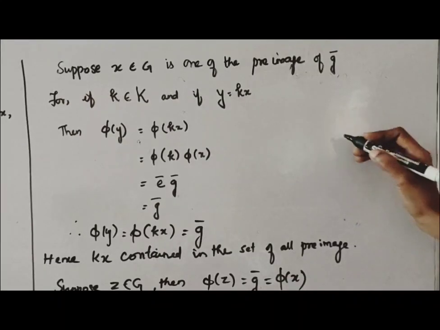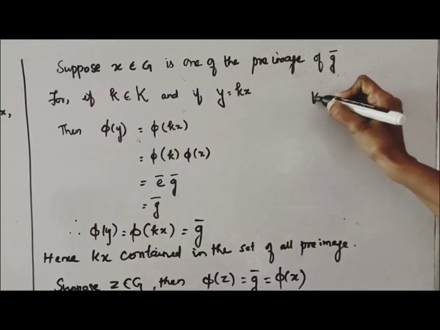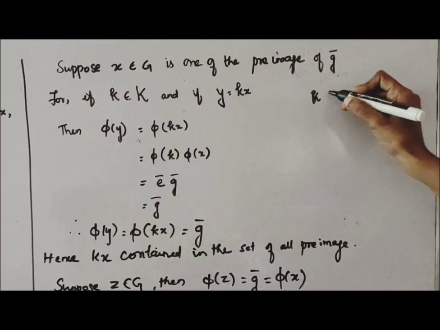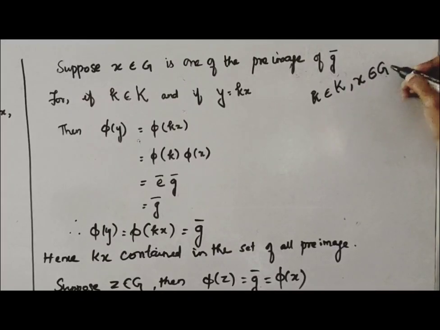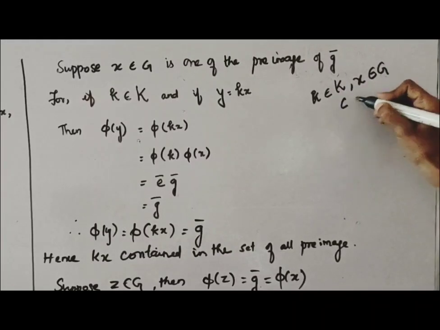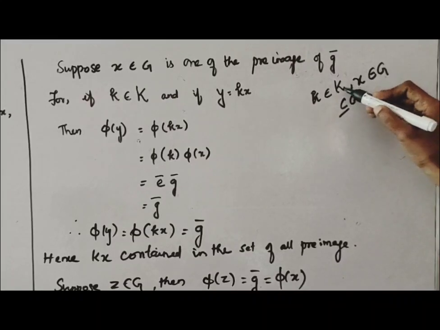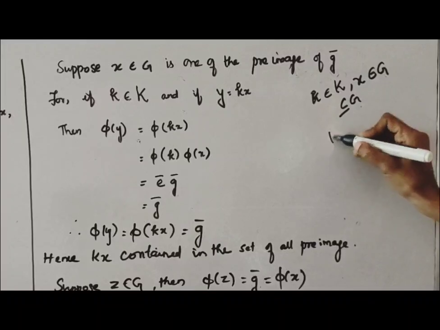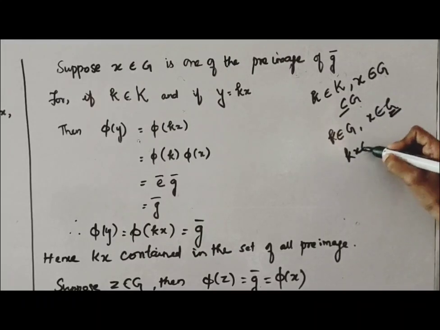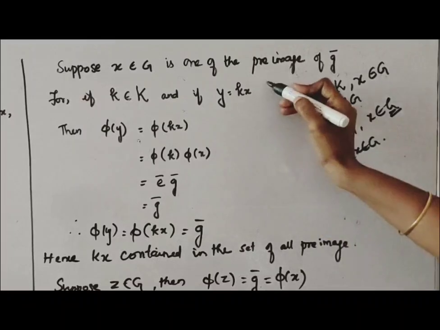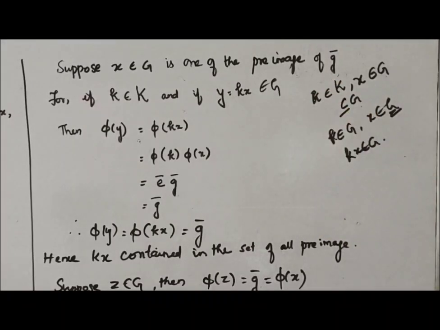Here small k is in the kernel K and x is an element of G. Obviously, the kernel K is a subset of G. Therefore, small k belongs to G and x belongs to G. Since G is a group, kx belongs to G. Therefore, y belongs to G.